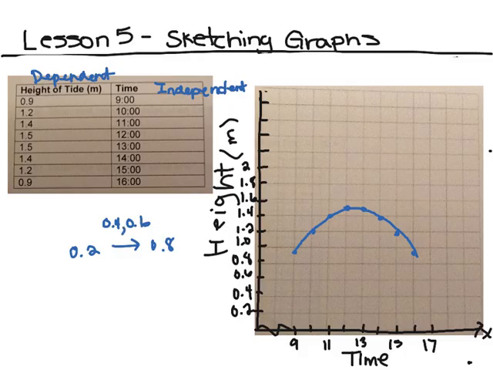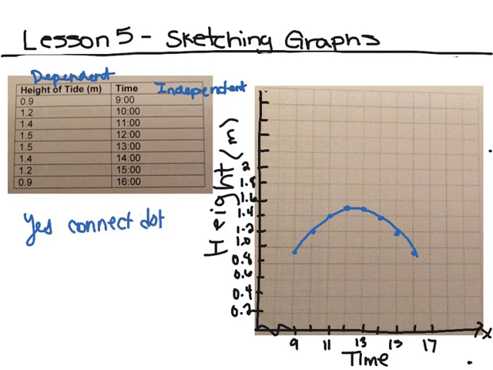No, because at some point in time, it might be a very short period of time, it had to hit every single decimal in between because it was rising up to that point. So because you can have a decimal for this one, you will connect the dots, because you'll hit every point.